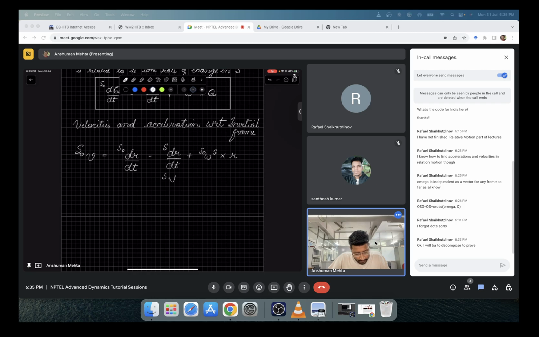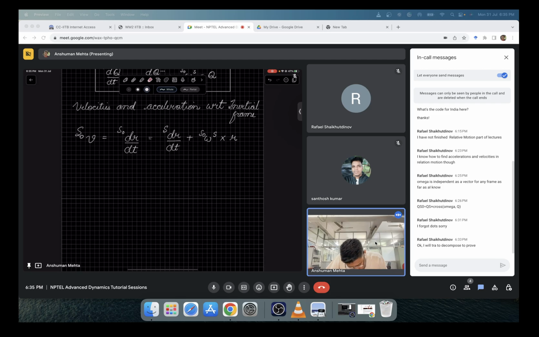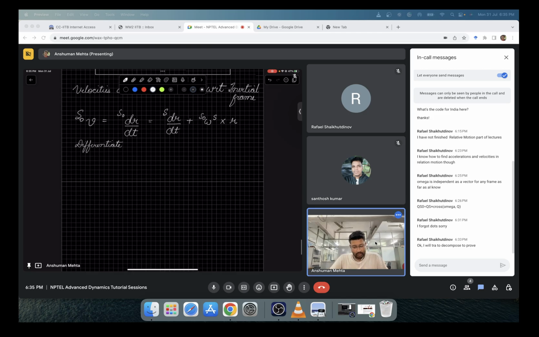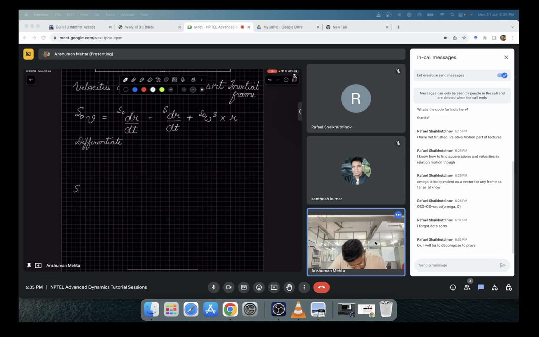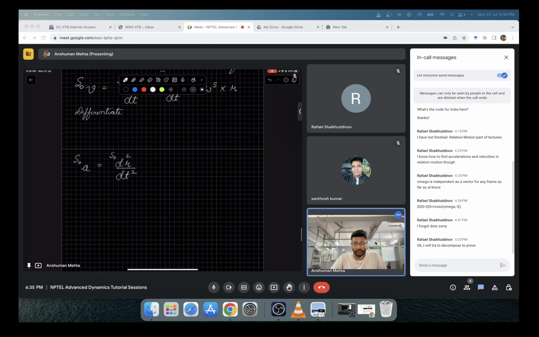Okay, now we can differentiate this and we can find acceleration. So this is our acceleration.